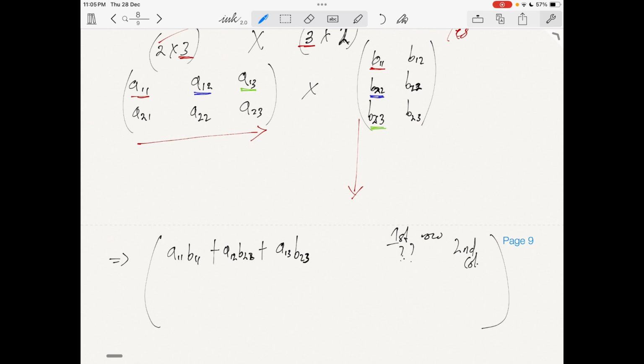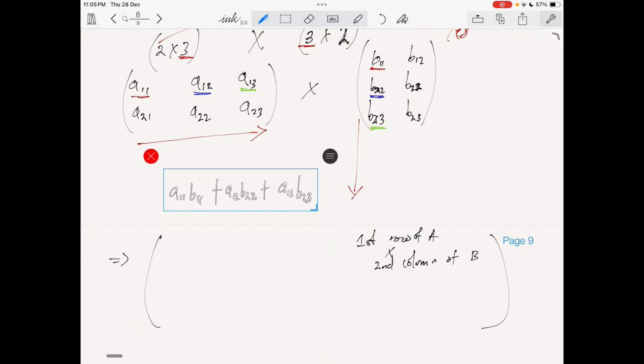So we multiply the first row of A by the second column of B. Now let's try and reduce this and understand what we have here.